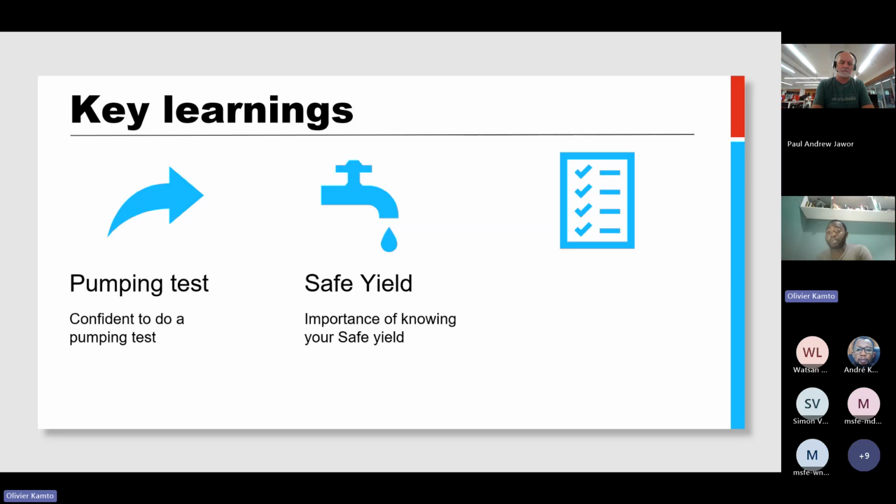To also understand what the safe yield is, why it's important, and how the safe yield helps with respect to pump sizing before we install the pumps into our borehole, and as well to know how to monitor and supervise the pumping test and the different data we would need to collect for this.